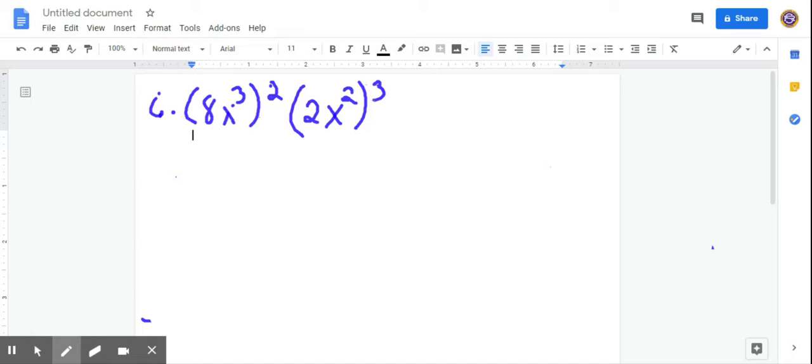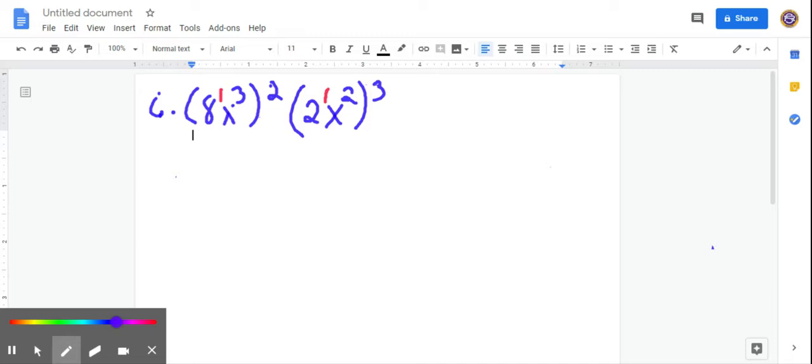Again, you have to remember PEMDAS, so parentheses and exponents first. So you're going to have to simplify that first factor, and you're going to have to simplify that second factor. And then once you do that, you'll be left with a multiplication problem. So you have to use the rules for multiplication to simplify your answer even further. So power to a power you multiply. So again, remember that this 8 has a 1 and the 2 has a 1.